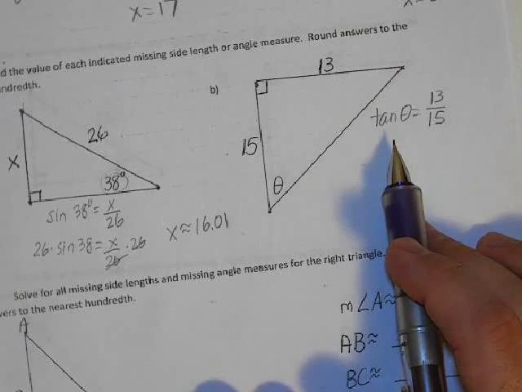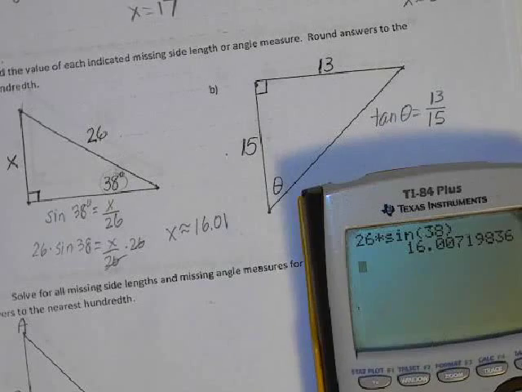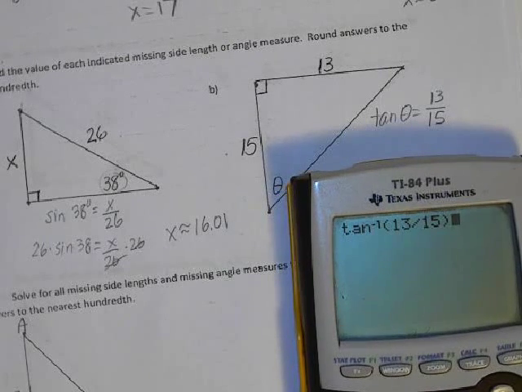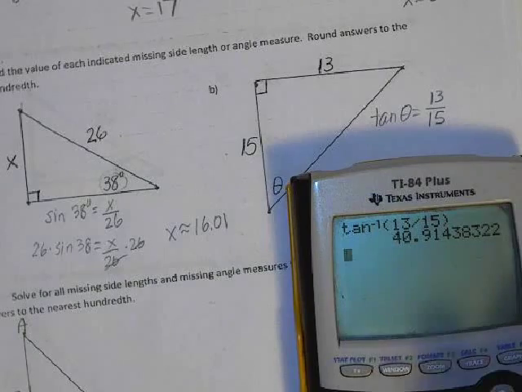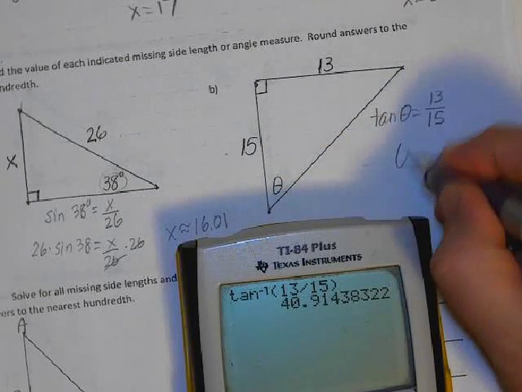Now, when we know any of the three trig ratios, we're going to use the arc or inverse trig function. So we won't use tangent, we'll push second tangent and type our ratio. We see that theta is approximately equal to 40.91 degrees.